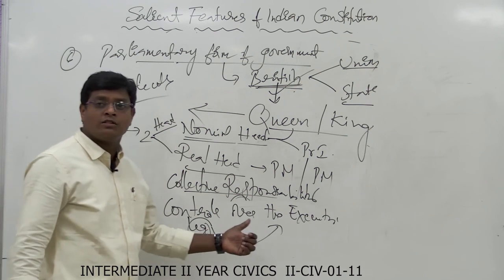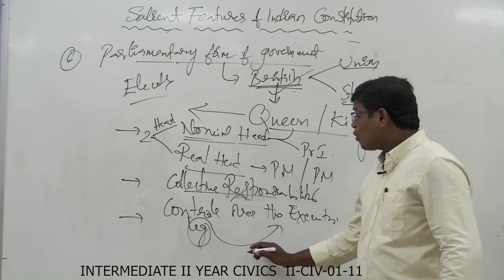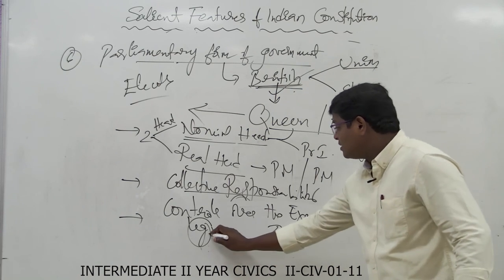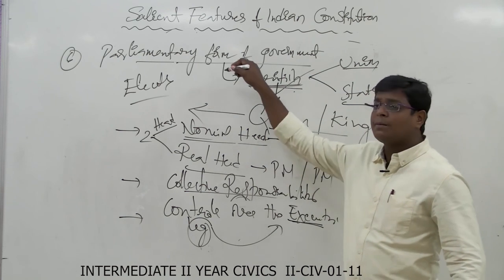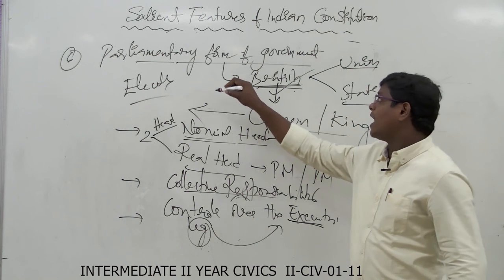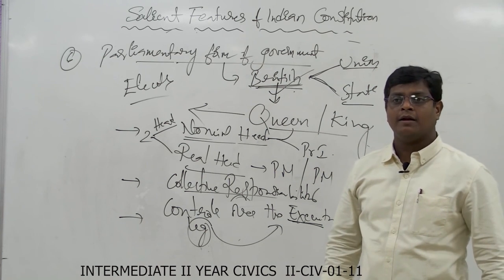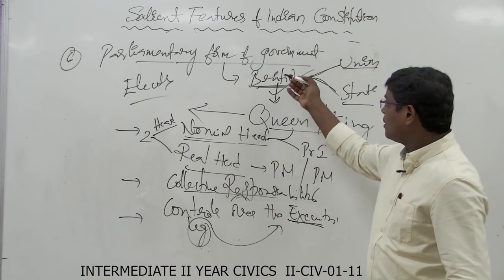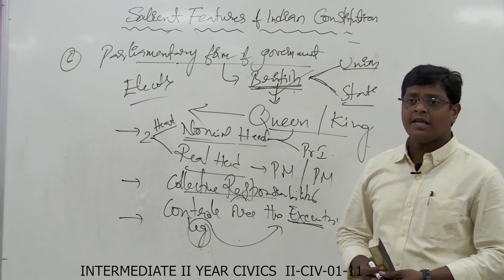They impose some motions like cut motions and also the no confidence motion. Like that, the legislature controls the executive. These are the features of the parliamentary form of government. We adopted this at the union level as well as the state level. So that's why, this was inspired by whom? The British type, the Westminster model of the parliamentary system.